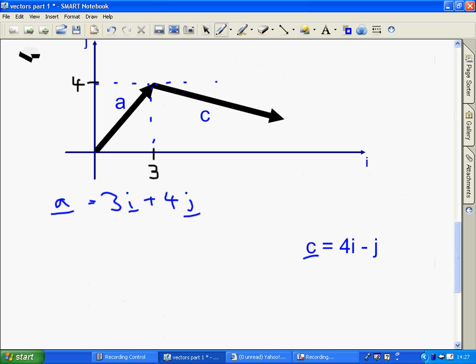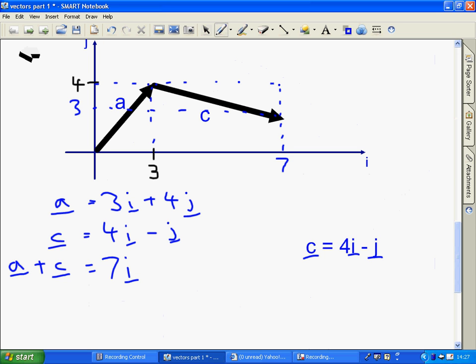So it's 4 along the i-axis, which would take this to 7, and minus 1 on the j-axis, which would take this to 3. Now, if I wanted the vector A plus C, I would simply add these together to get 7i plus 3j.